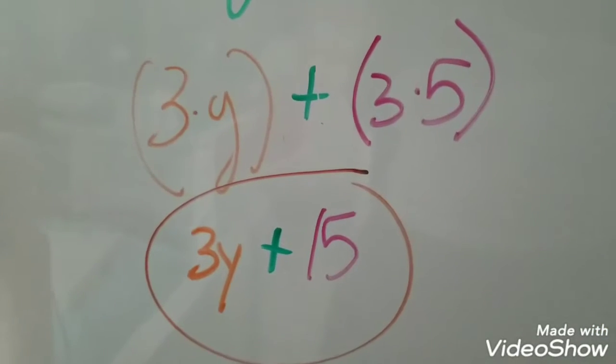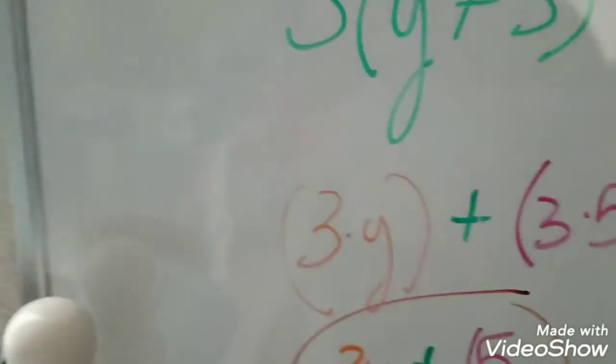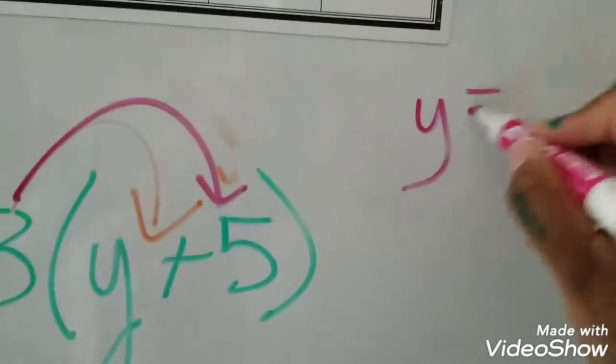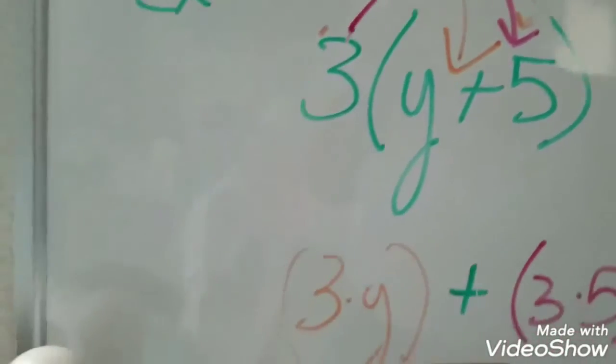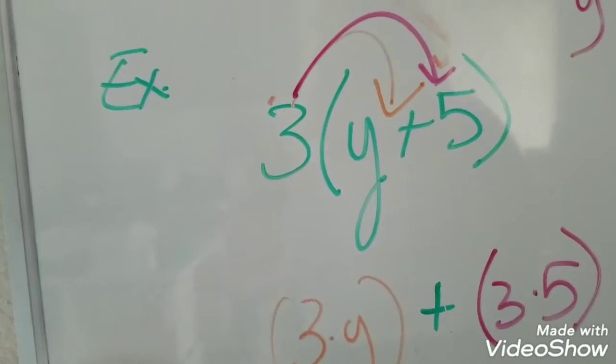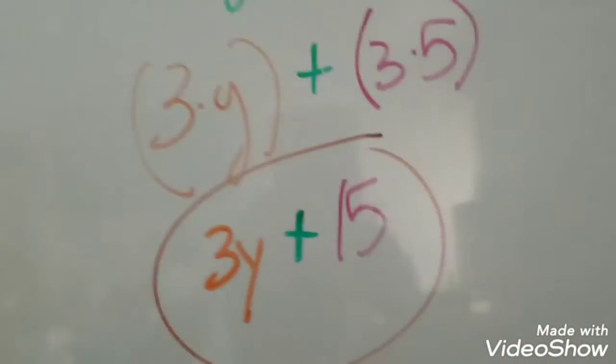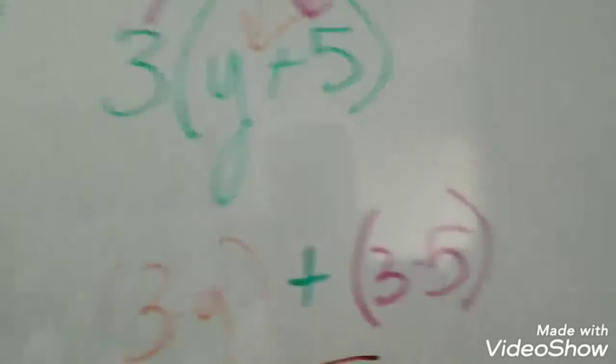Now, what about if I tell you y equals 2? If I say y equals 2, I want you to solve this using PEMDAS and then double check it using the distributive property.